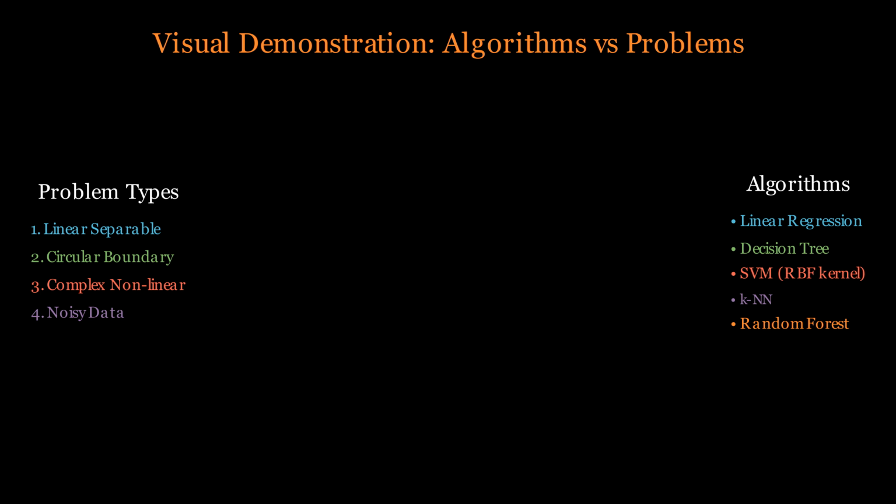Each algorithm has different assumptions about the data structure. Linear regression assumes linear relationships. Decision trees assume axis-aligned splits. SVM with RBF kernel can handle complex boundaries. KNN assumes local similarity. And random forest combines multiple decision trees.